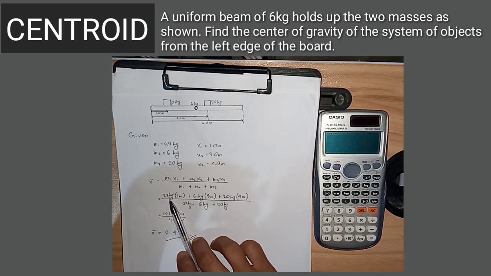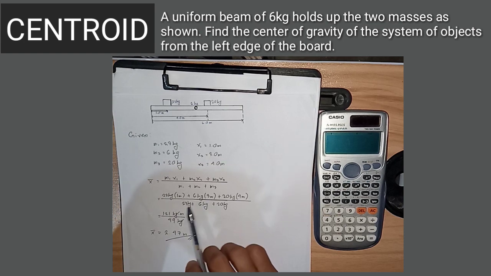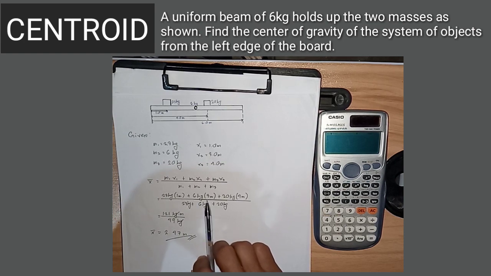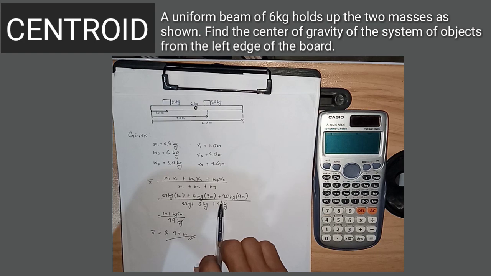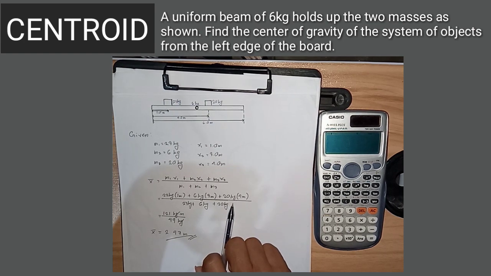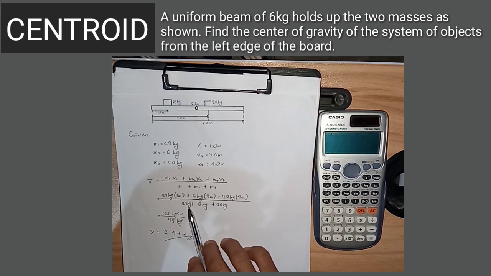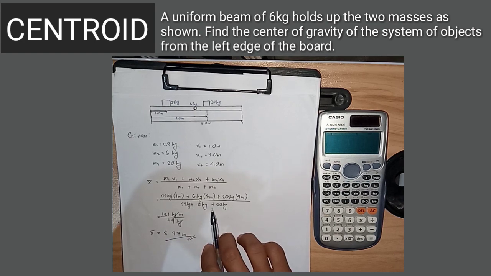Now we have 23 kilograms multiplied by 1 meter plus 6 kilograms times 3 meters plus 20 kilograms times 4 meters over 23 kilograms plus 6 kilograms plus 20 kilograms.